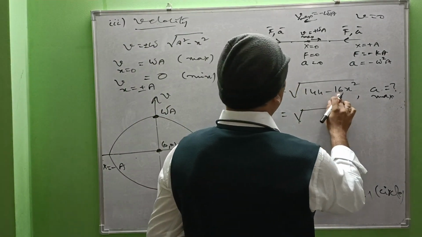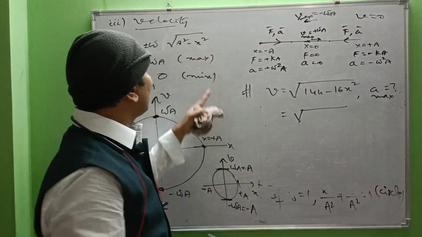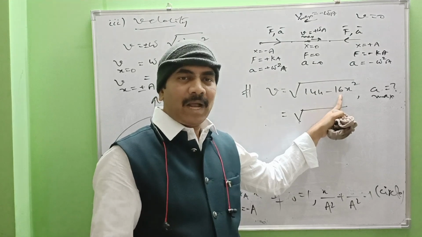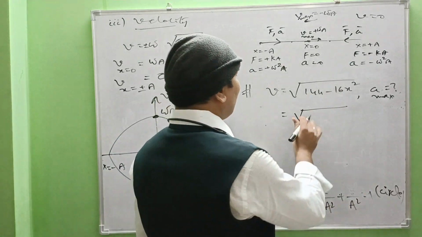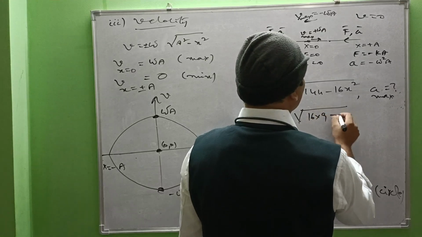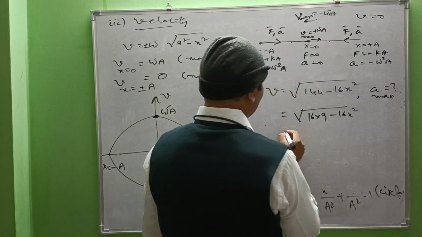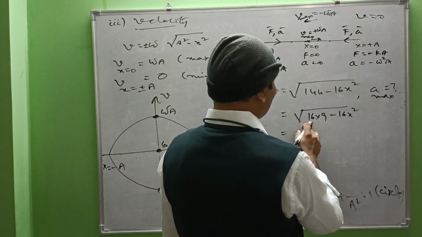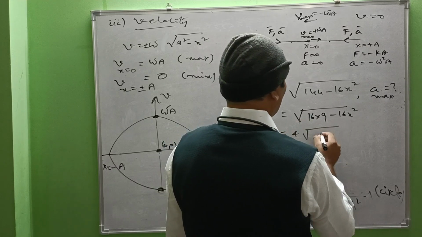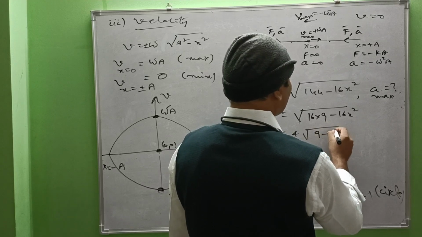See the multiple of x square here. It should be 1, but 16 is there. We have to eliminate 16 here. That is, 144 is 16 into 9, so 16 into 9 minus 16 into x square. Now 16 is kept outside, and taking it outside it becomes 4, so 4 into root over 9 minus x square.